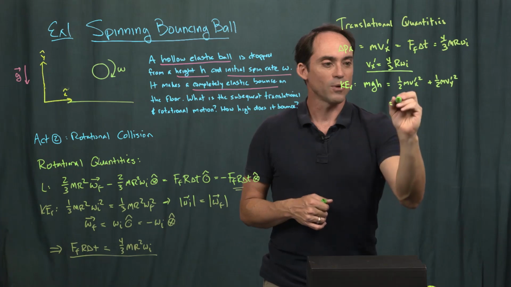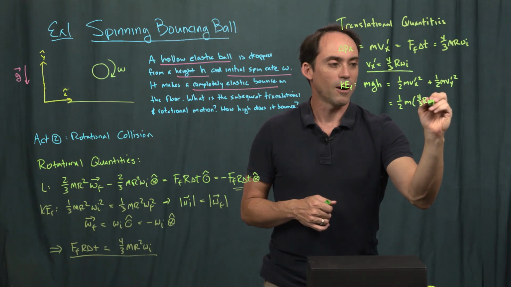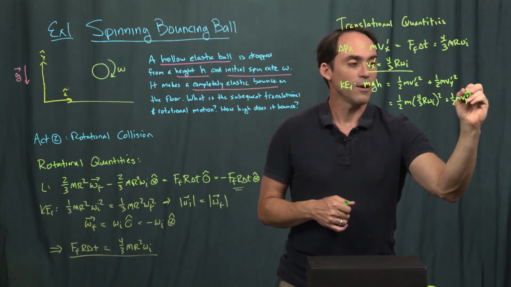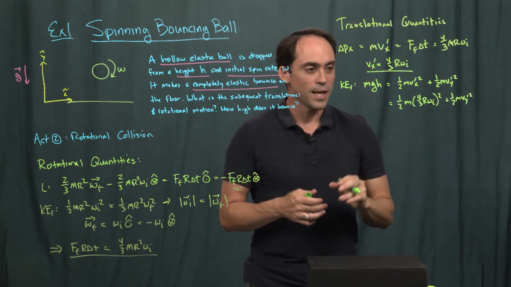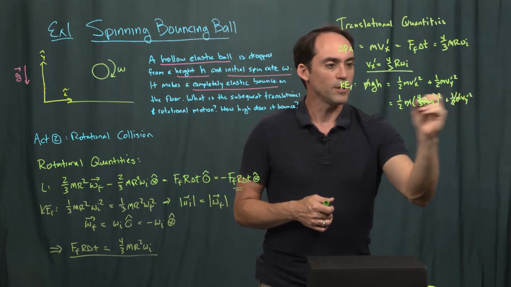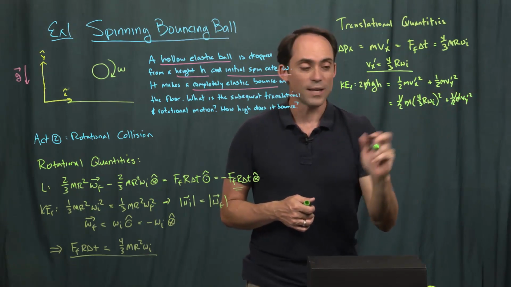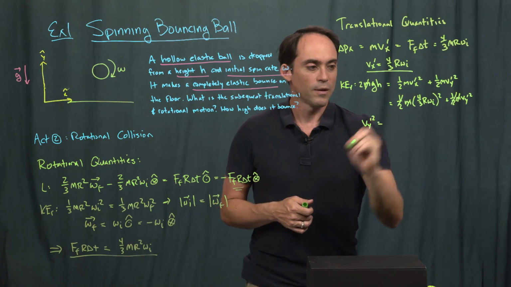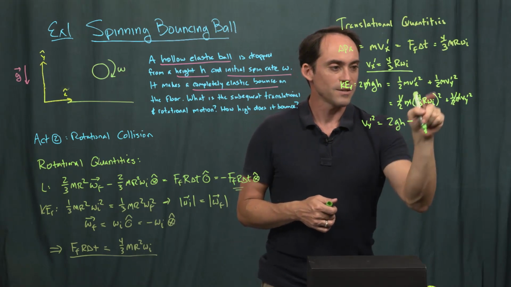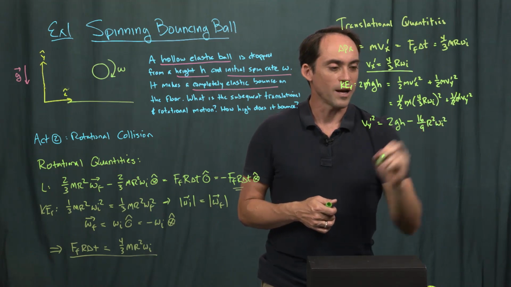And we have solved for this one as 1/2 mass times 4/3 r omega I squared plus 1/2 times the y speed squared. And we can simplify this a little bit by canceling out our masses, and we can also multiply by 2 on both sides. And what we'll find is the vy squared term is going to equal 2gh, and then minus this quantity squared, which is 16/9 r squared omega I squared.